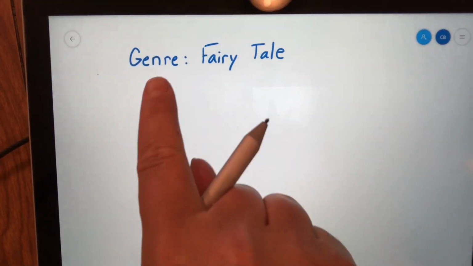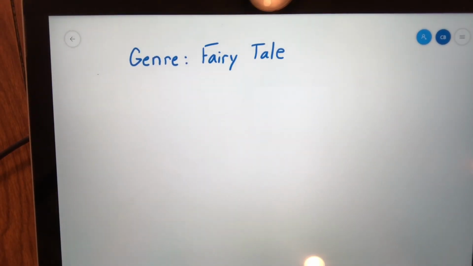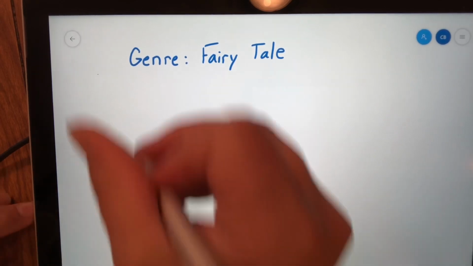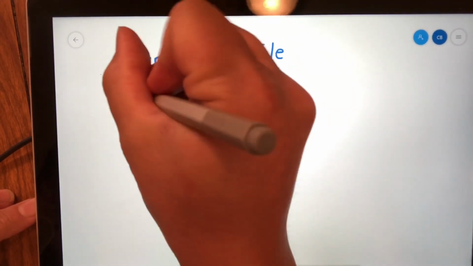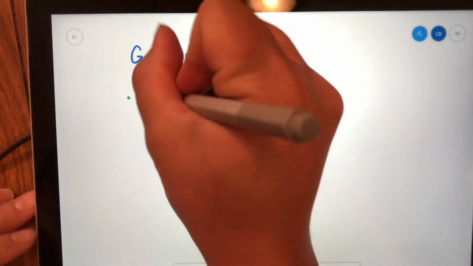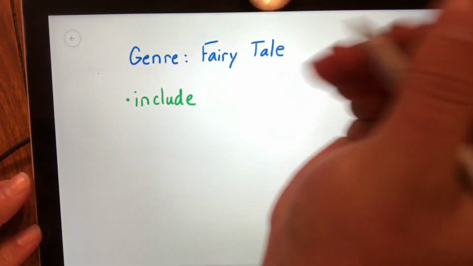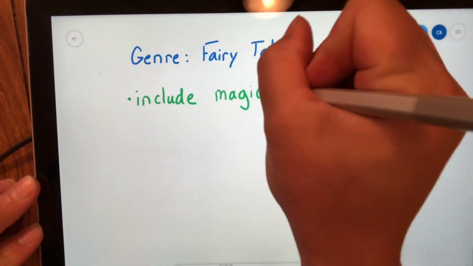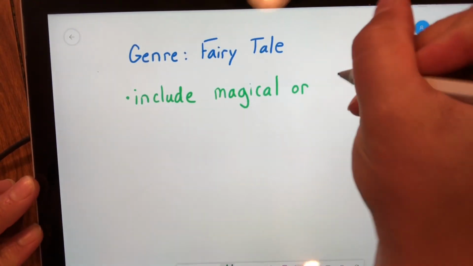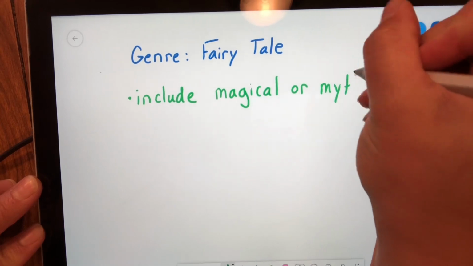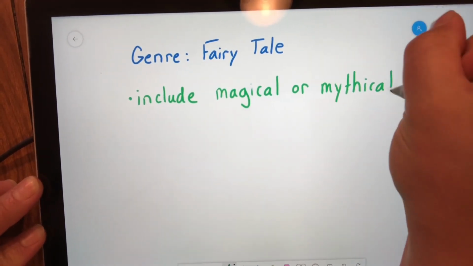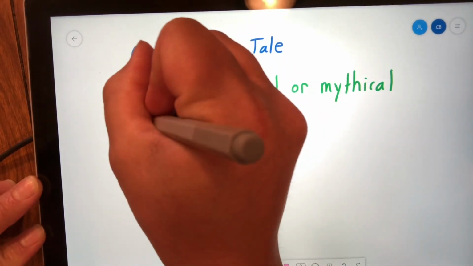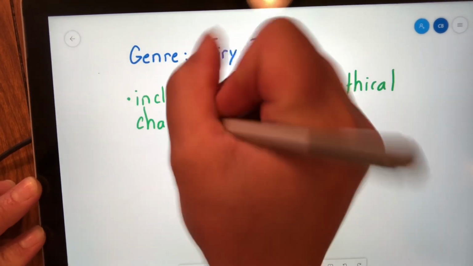All right, so our genre today is a fairy tale. Now, one thing we do know is that fairy tales, let's write this down, fairy tales include magical or mythical creatures or characters.